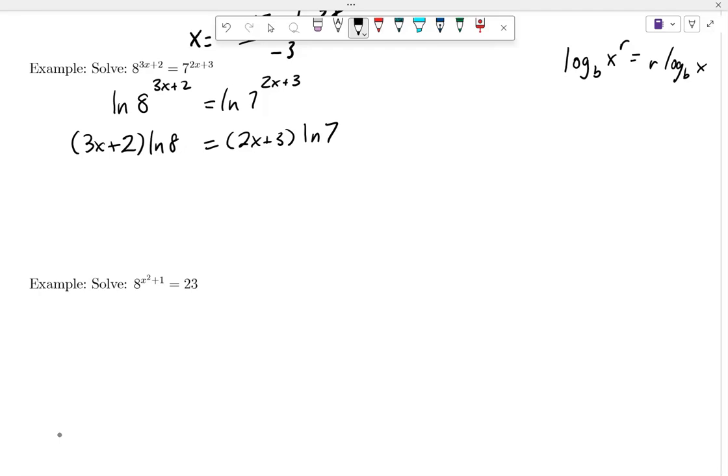So before I do that, we'll distribute on both sides. This looks ugly, but natural log of 8 is just a number. If you type it in your calculator, you'll get a decimal, right? It's just a number. So we'll distribute it through. Okay? Do the same thing on the left-hand side. We'll just distribute it over the parentheses there.